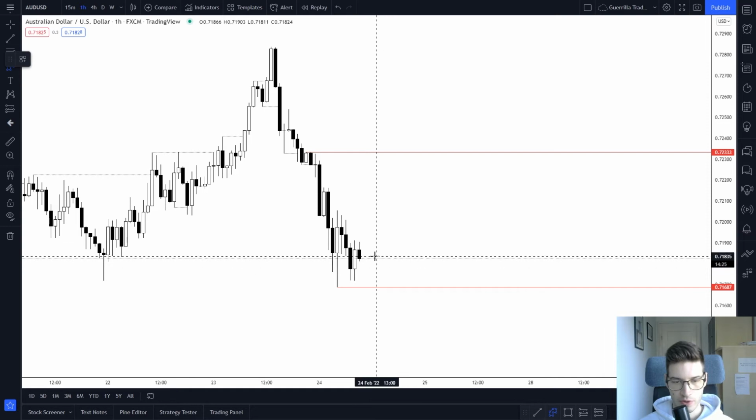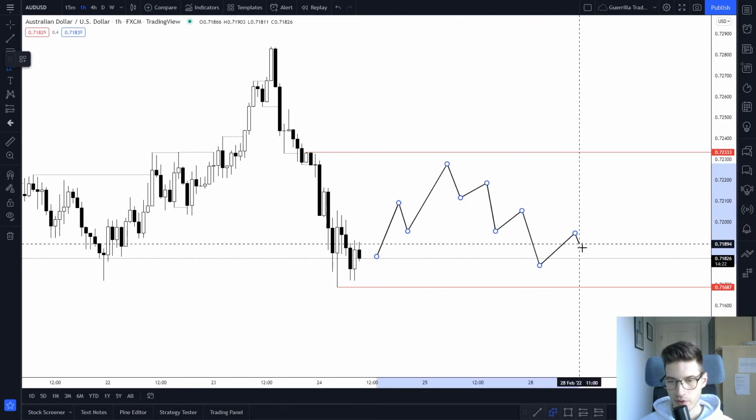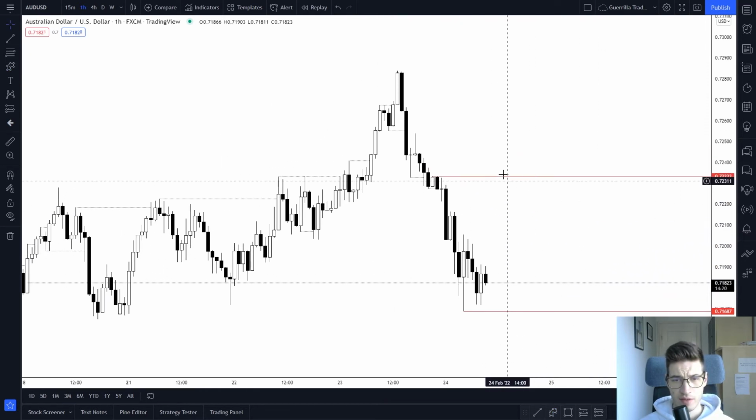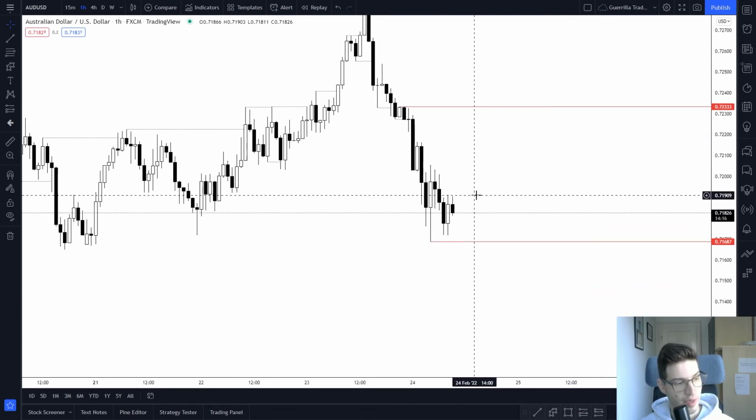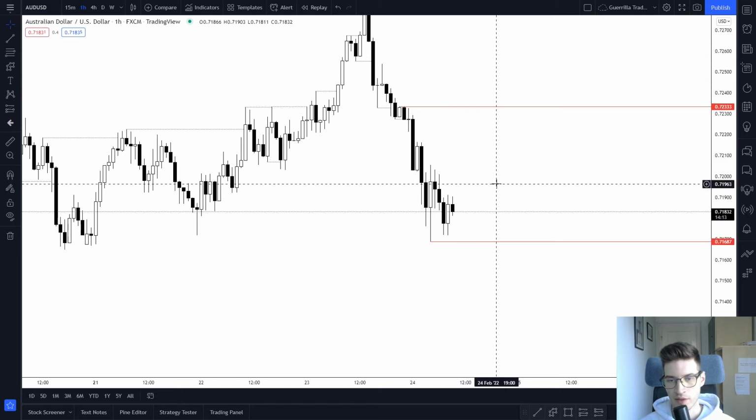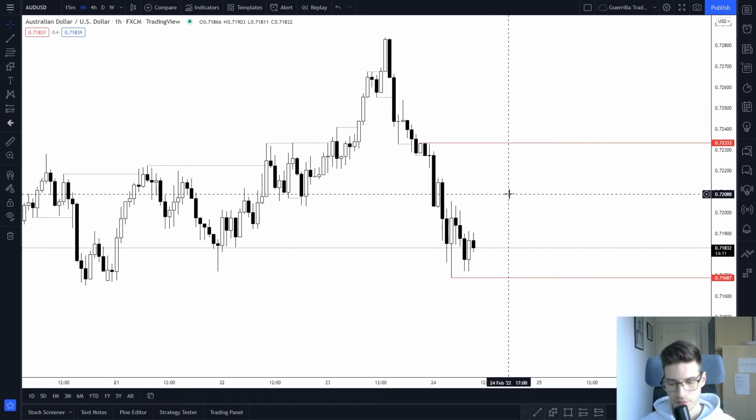We can also range for a long time between the high and the low, also a possibility, but I'm looking at this as a nice trend. So I want to see this momentum continue down, and I want to get in on some short trades.